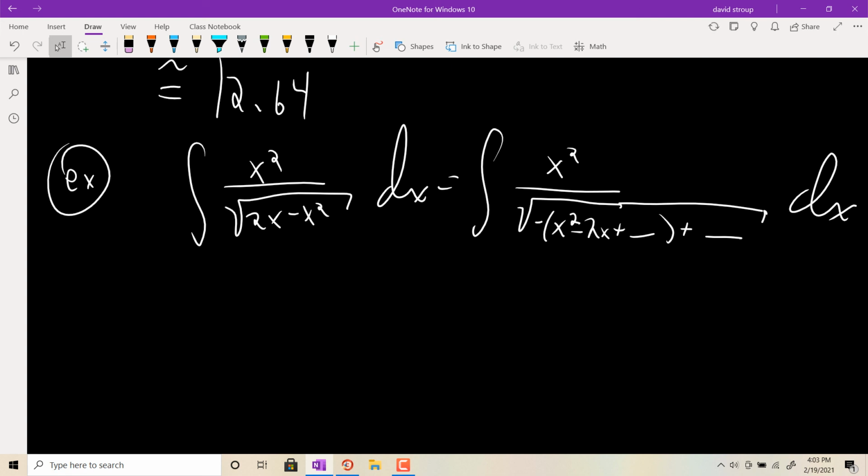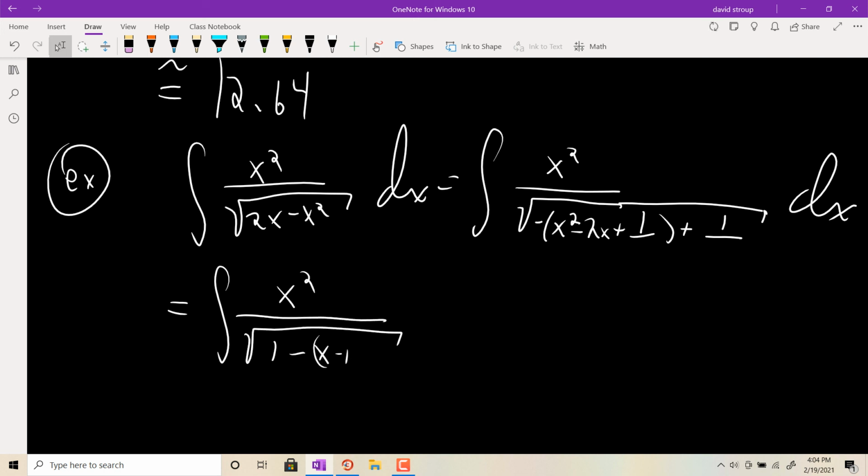So it's always b over a squared, so b over 2 squared, sorry, b over a is from the vertex. So negative 2 over 2 is negative 1 squared is 1. So then you immediately add 1. Rewriting and doing some factoring, we would end up with 1 minus x minus 1 squared dx.